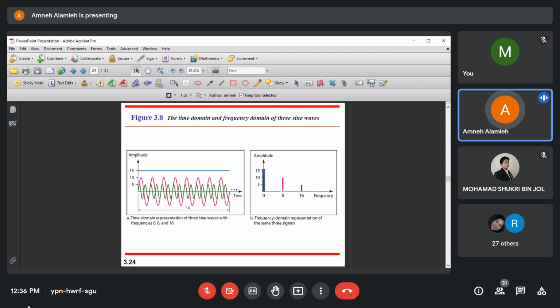The second wave with frequency 8, so 8 on the frequency axis, and what is the amplitude? It is 10.